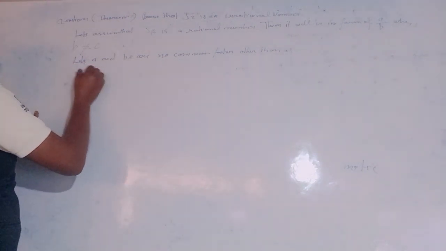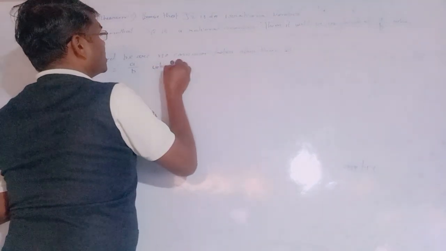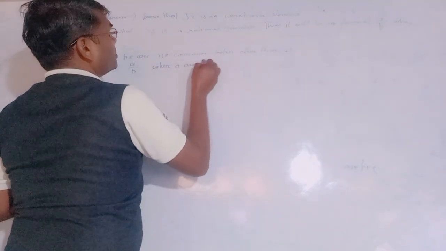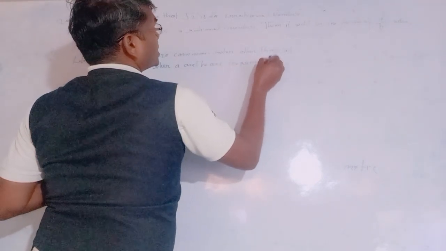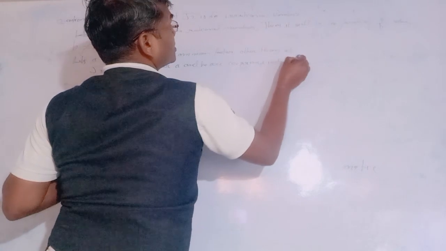So root 2 is equal to a by b, where a and b are co-prime integers.